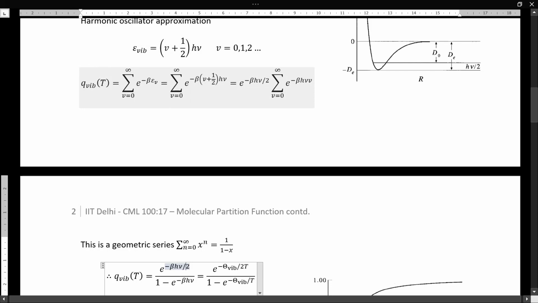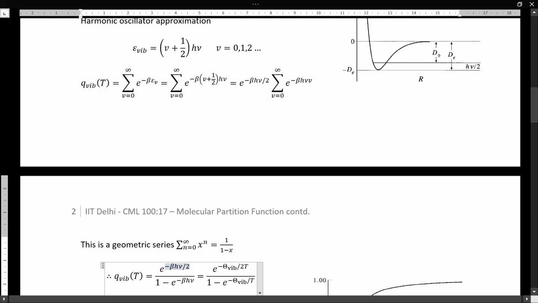I expand that, e to the power minus beta v plus half h nu, and I see that e to the power minus beta h nu by 2 can be taken out of the summation. So it's just e to the power minus beta h nu v, which needs to be summed up.